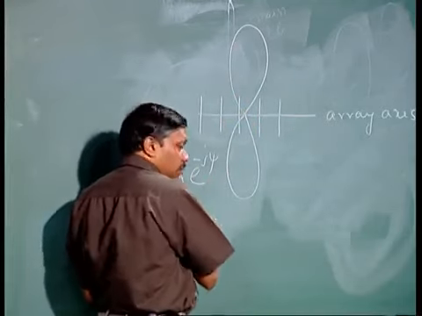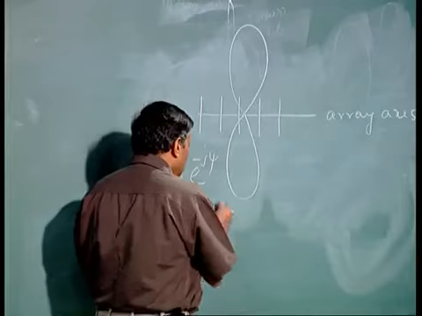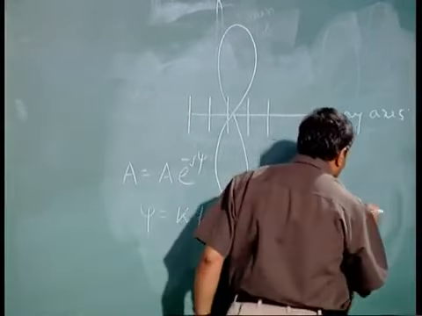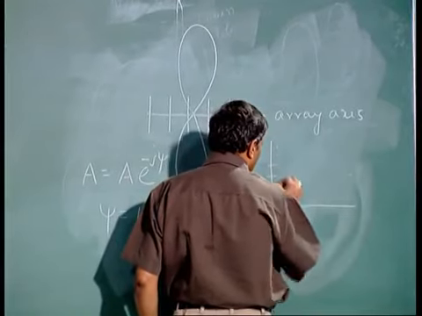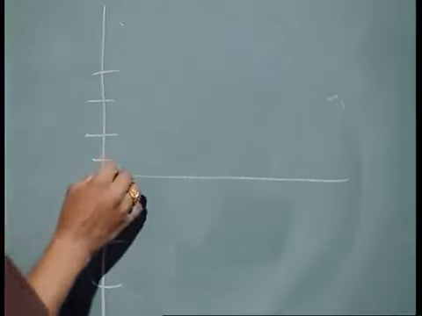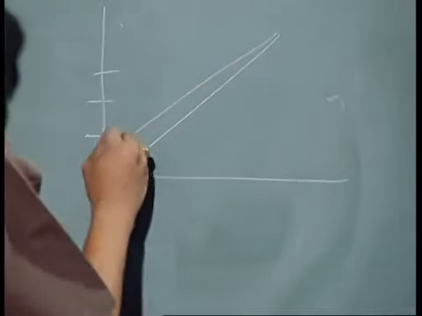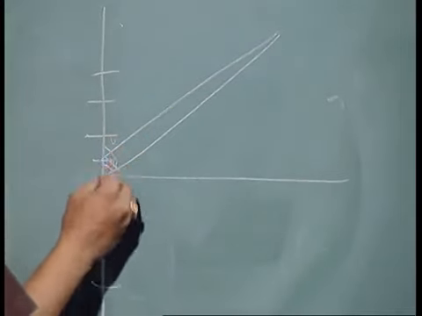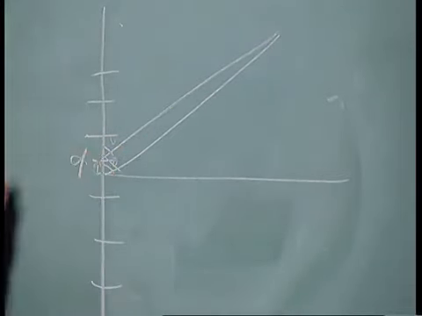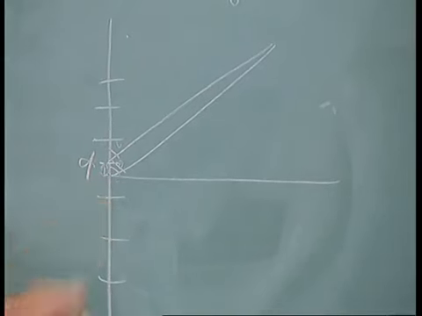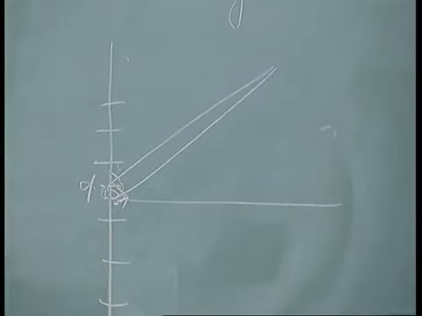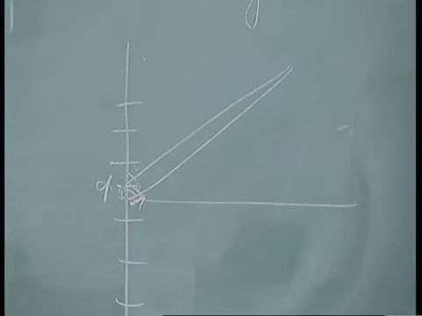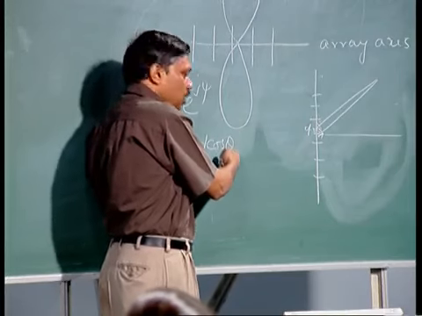So, it is 2 pi by lambda, that is k, then the path difference is d cos theta. Suppose your array is aligned like this, 1, 2, 3, 4. This is the distance, they are making angle theta. Let us say this distance is d, then the separation between these two is d cos theta. That d cos theta is the path difference. Multiplied by k, 2 pi by lambda, it gives the phase.